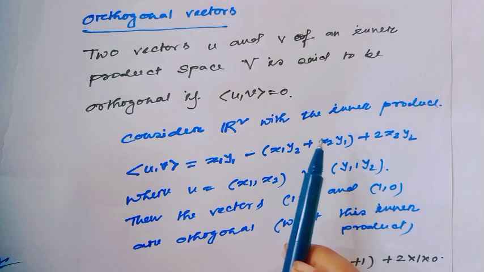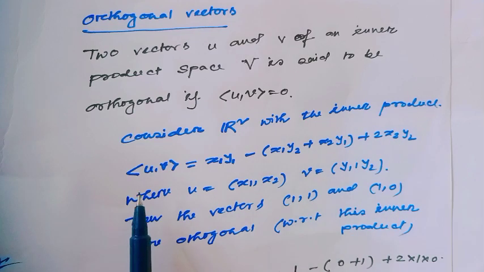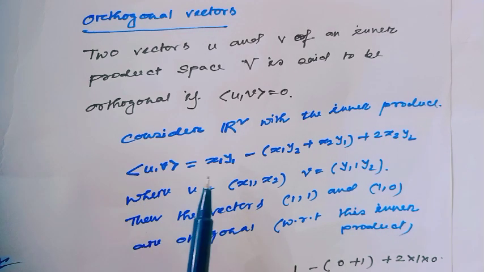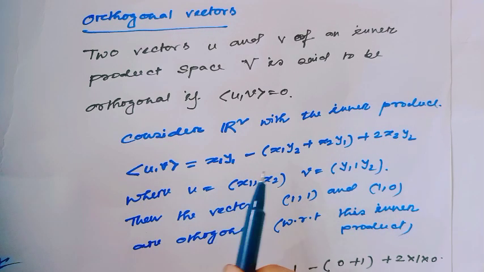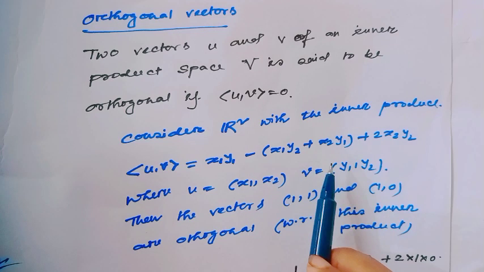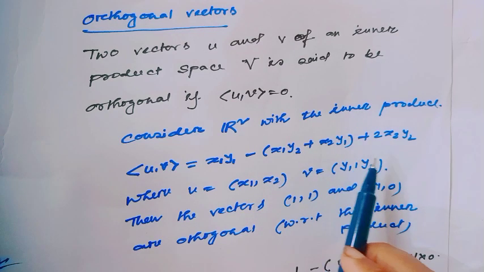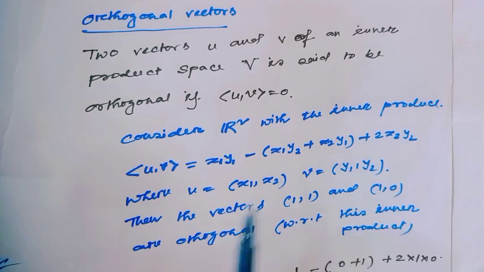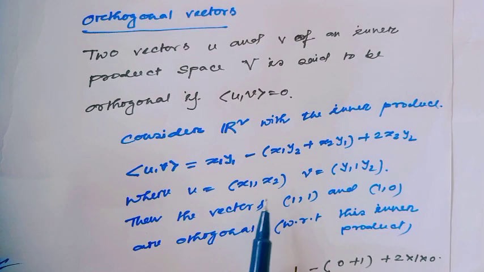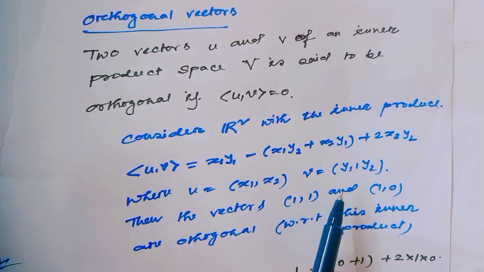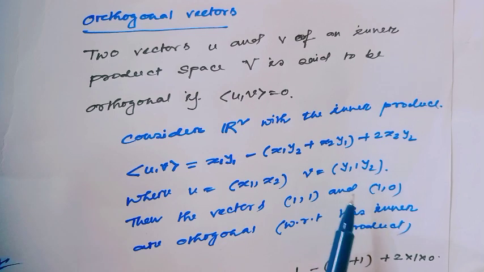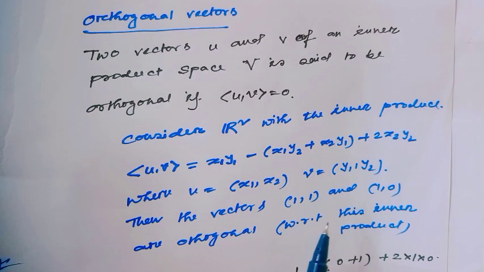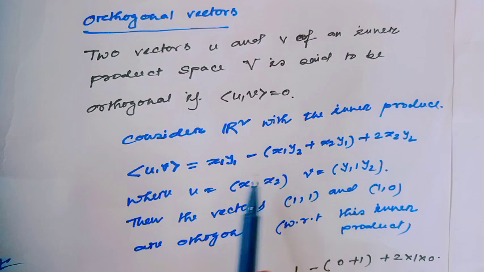Consider R2 with the inner product of U with V equal to x1 y1 minus x1 y2 plus x2 y1 plus 2 x2 y2. Here U is the vector x1 x2 and V is the vector y1 y2. Then the vectors (1,1) and (1,0) are orthogonal with respect to this inner product.